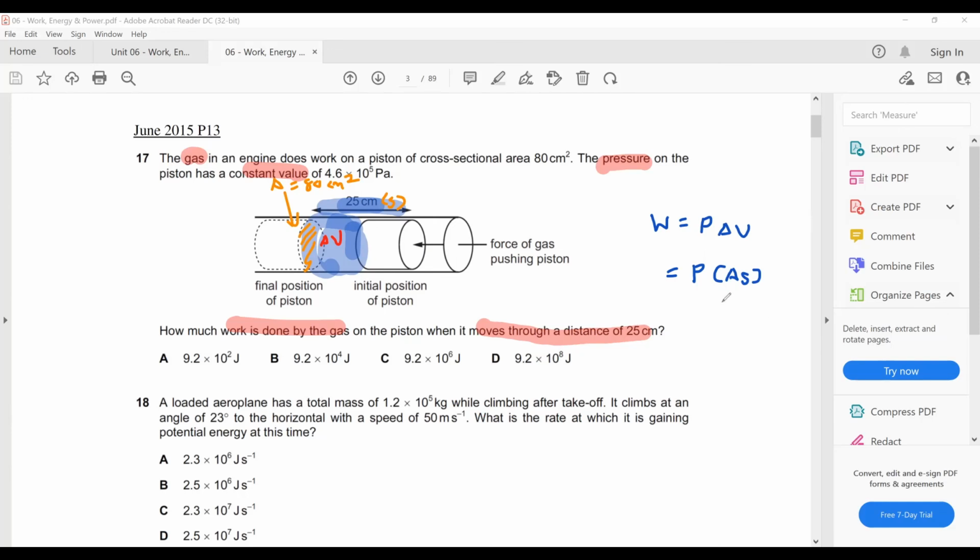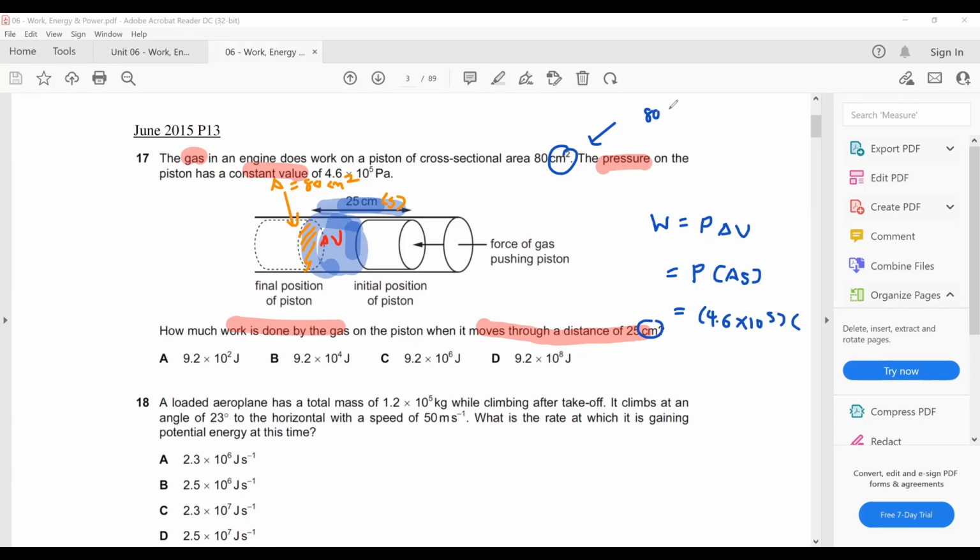So just sub in whatever you need to. This one will be 4.6 times 10 power 5 times area. This is where you need to be careful a bit. This is centimeter square. This is also centimeter. You need to change centimeter square to meter square.